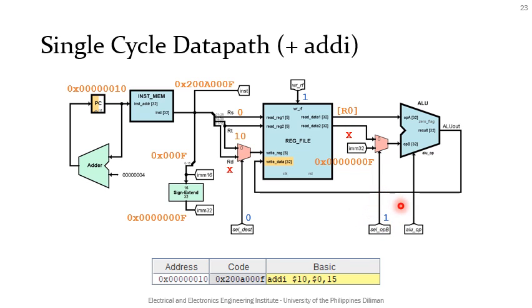So here we give it a value of 1 to select the immediate 32 signal. Note that this value, however, depends on how the multiplexer is connected. If the immediate is connected to the 0 or the first multiplexer input, then ALU op B must be 0.